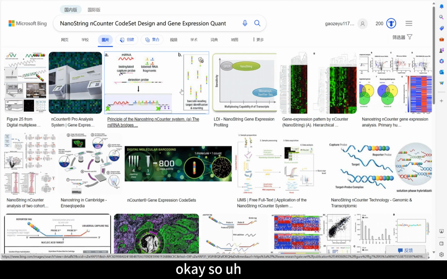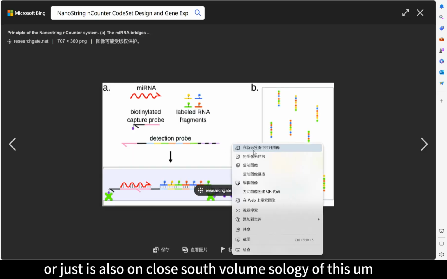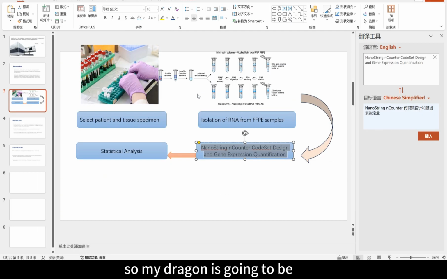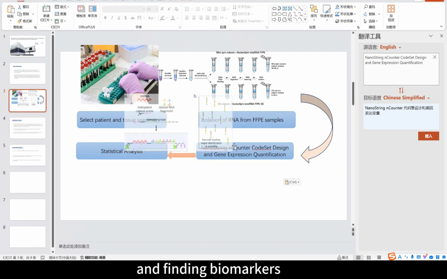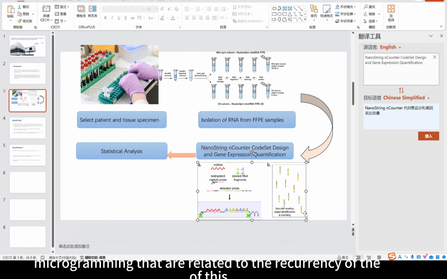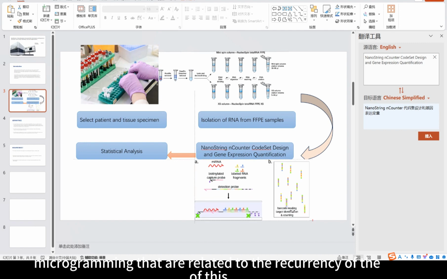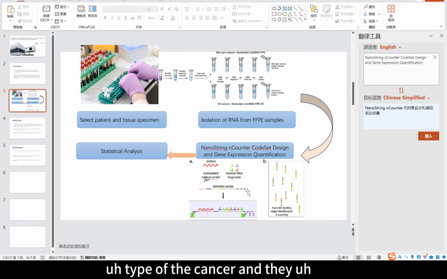Okay. So my content is going to be background, objective, outcome, and a flowchart about the methodology of this method. My background is about colorectal cancer and finding biomarkers, microRNA related to the recurrence and lymph node metastasis of this type of cancer.